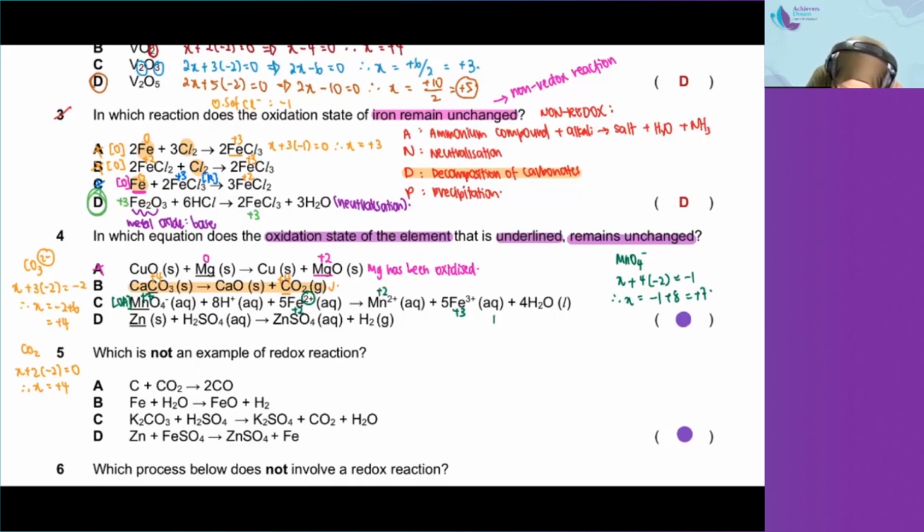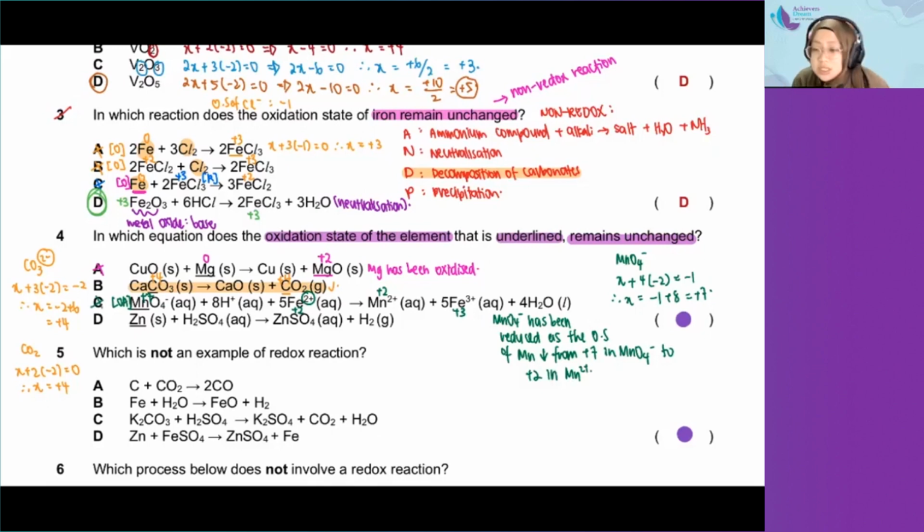So MnO4- has been reduced, as the oxidation state of Mn decreases from +7 in MnO4- to +2 in Mn2+. So it's also not our answer as there is a change in oxidation state.